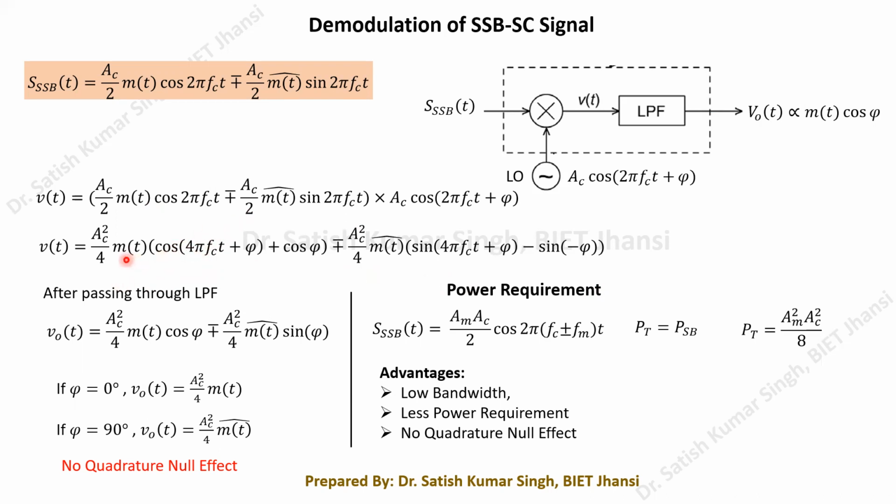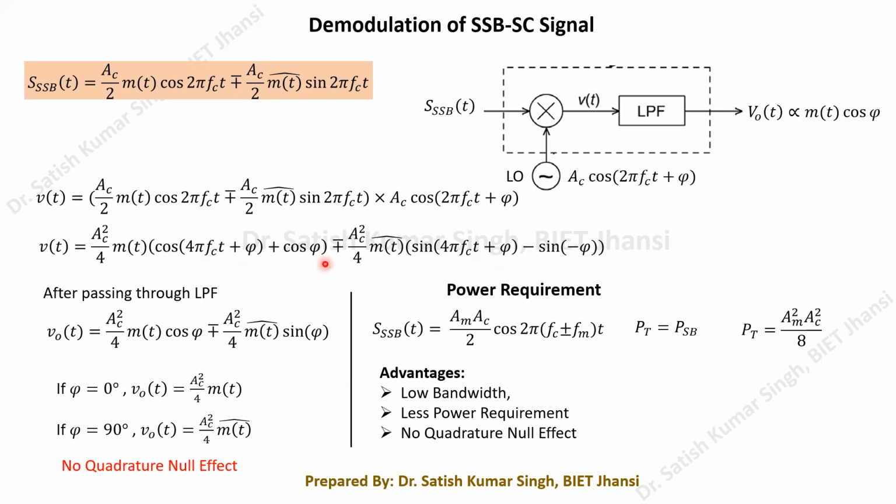If you multiply the message signal m(t) and Ac²/4 within this parenthesis, there will be one spectrum shifted around a carrier frequency of 2fc, because here it is 4πfct. So the first product term gives a very high frequency component. Similarly, the first product of m^(t) and sin(4πfct + φ) also gives a high frequency component.